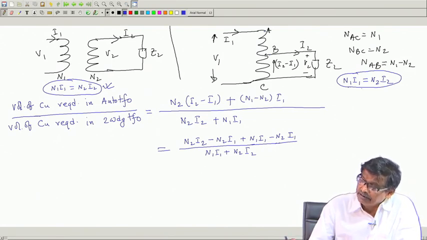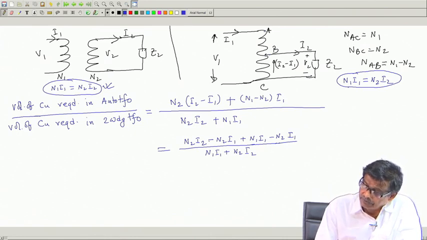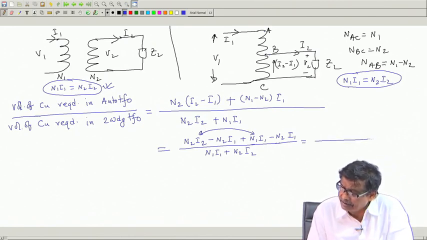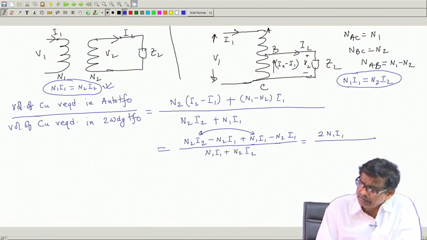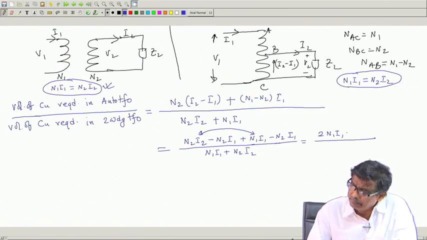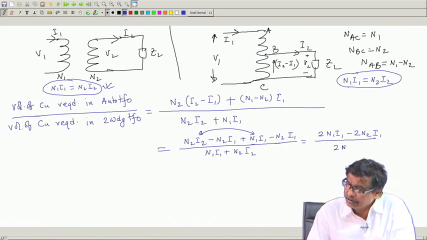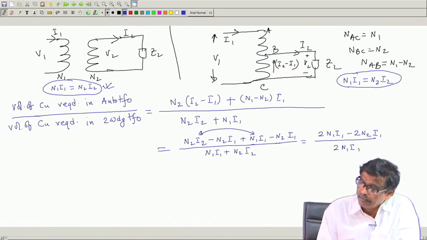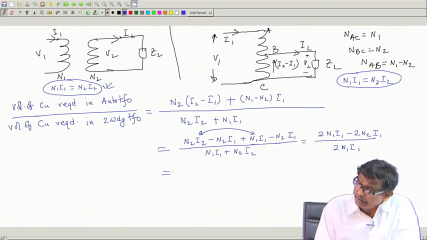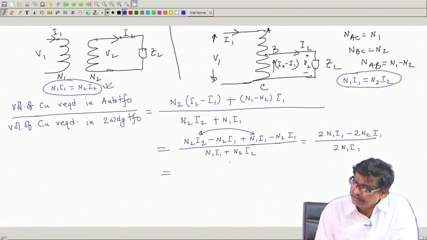But N1 I1 is equal to N2 I2 from both these. So, these two can be combined and simply written as 2 N1 I1, is not, and this is minus 2 N2 I1, that is this term and this term, and below it is 2 N1 I1 I can write, is not, and therefore, this I1 business will come out.